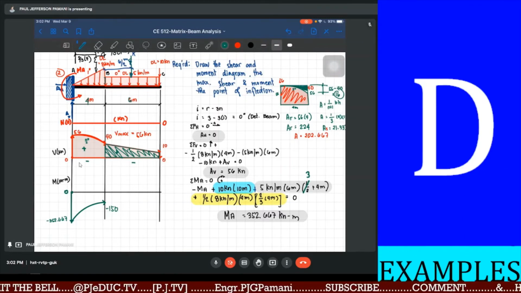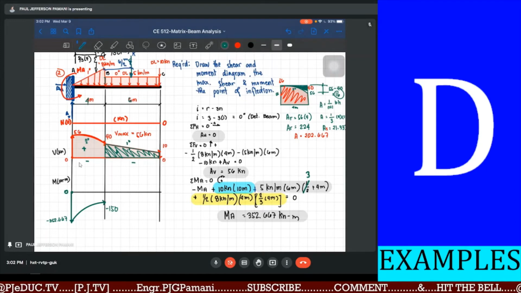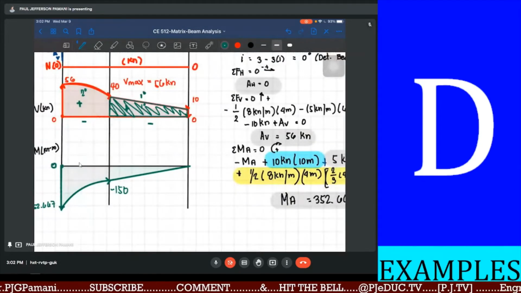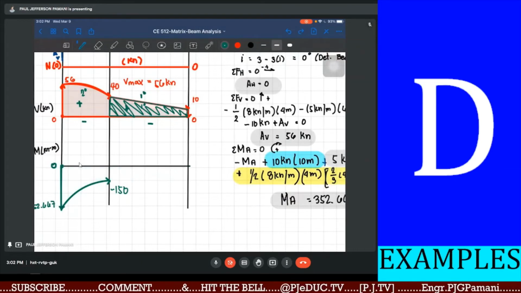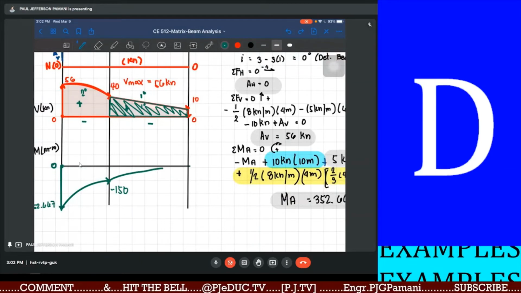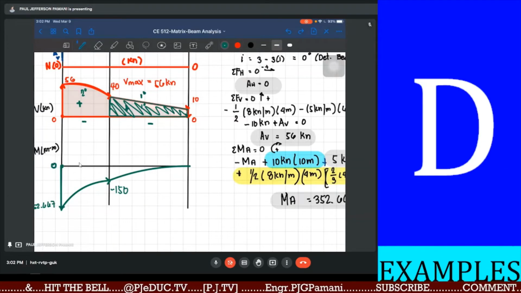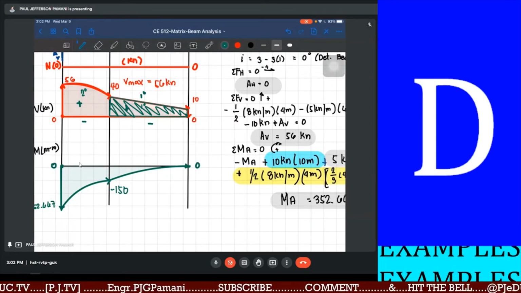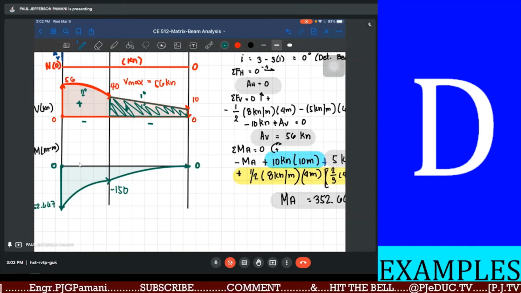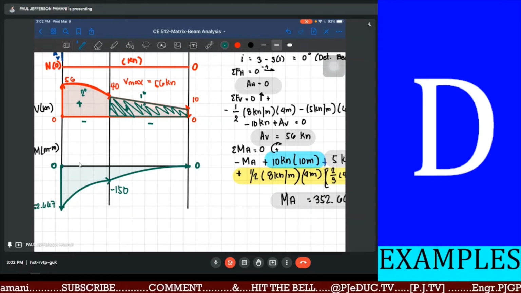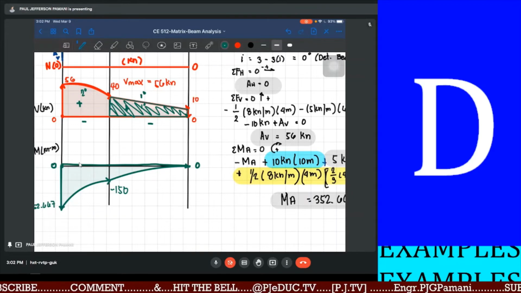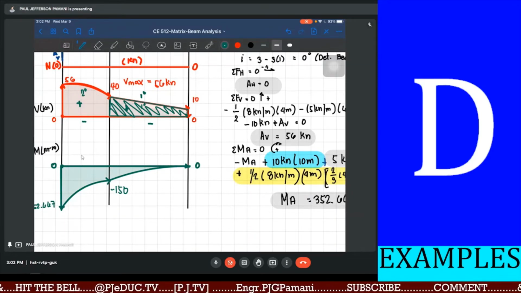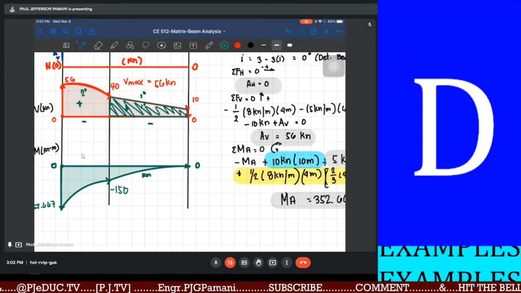Also on the first degree, therefore, this will be on a curve. Ayun. So, it indeed ends up at 0. So, eto na ngayon yung ating moment diagram. These are now in kilonewton meter.